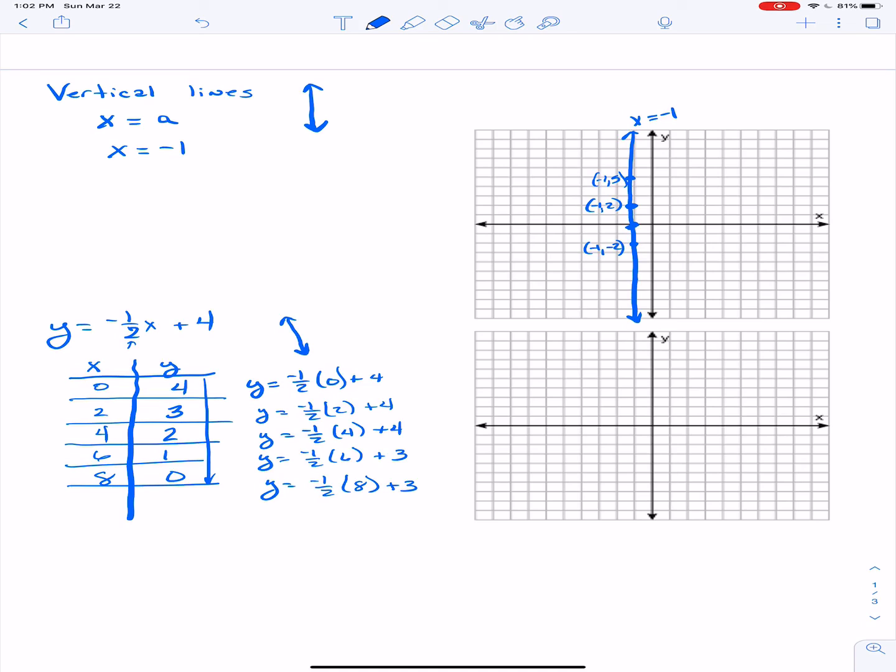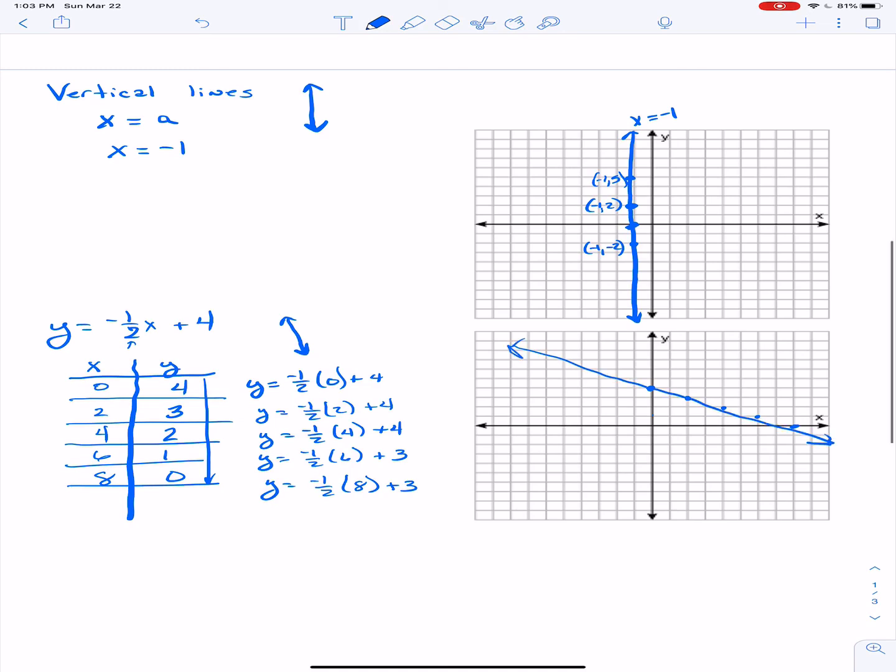I have 0 and 4. I have 2 and 3. I have 4 and 2. I have 6 and 1. And then I have 8 and 0. And then now that I have this, I can go ahead and graph my line like that.